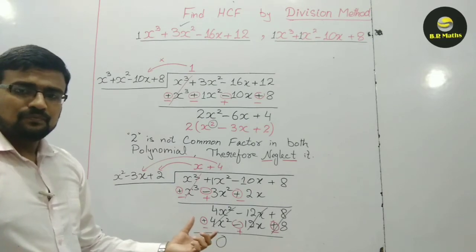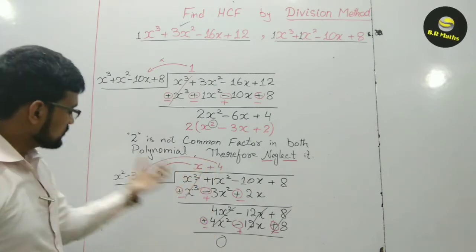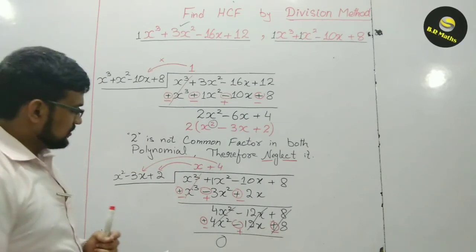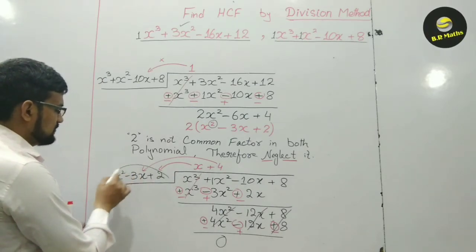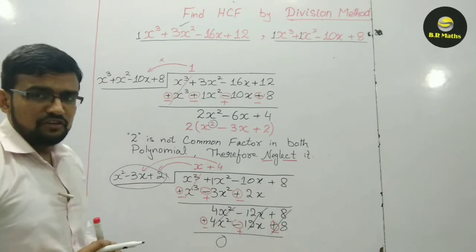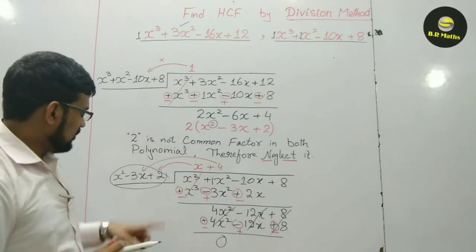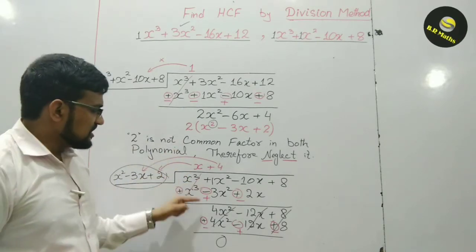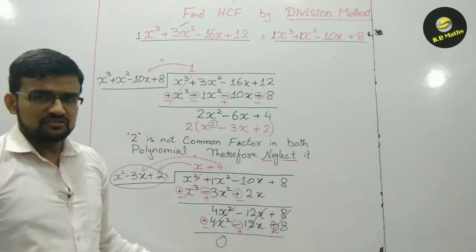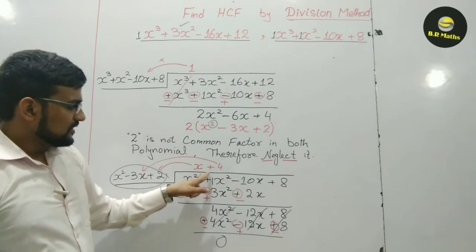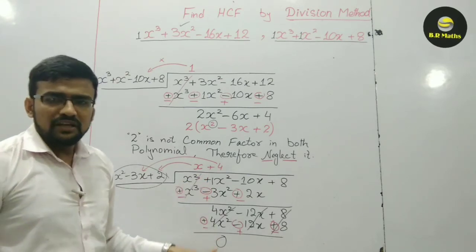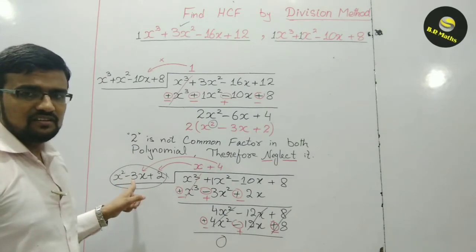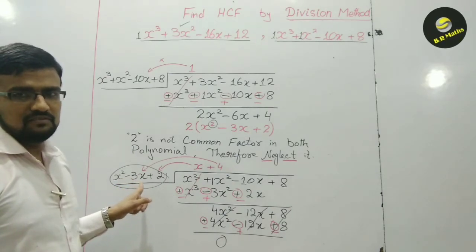So the main point is HCF is the divisor, the divisor of the two polynomials at the stage where the remainder is 0. When the remainder is 0, then the divisor of the polynomial is called HCF.